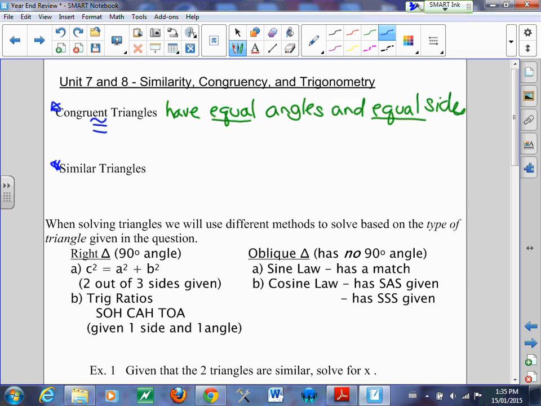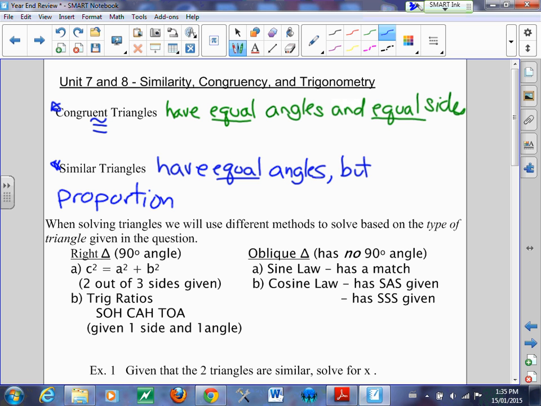Okay, similar triangles, folks, they also have equal angles. But how they differ is by the side lengths. But they have what are called proportional ratio sides.